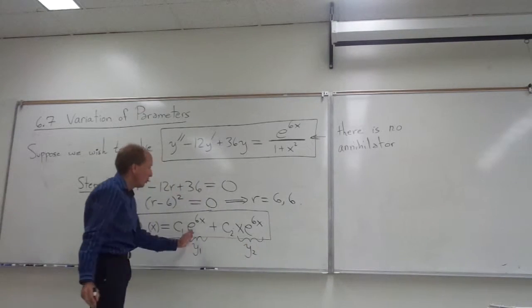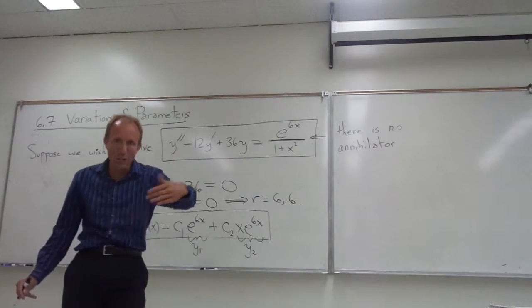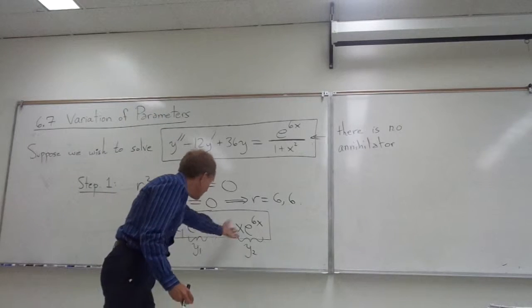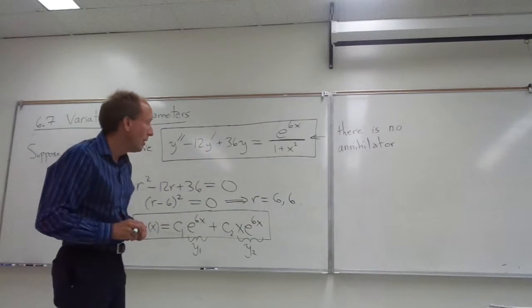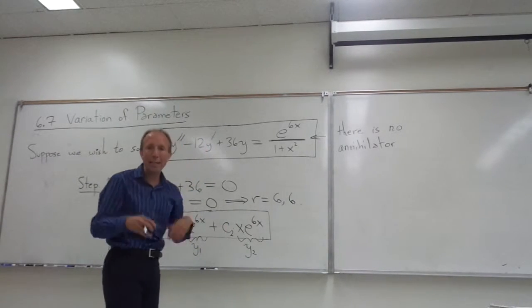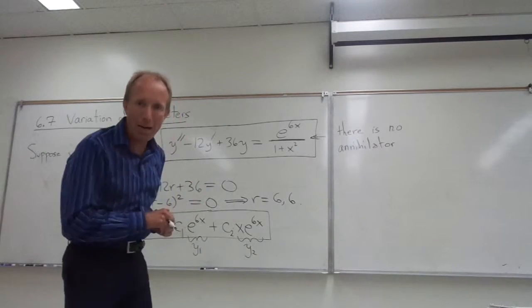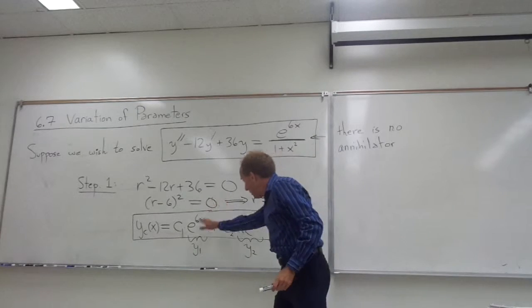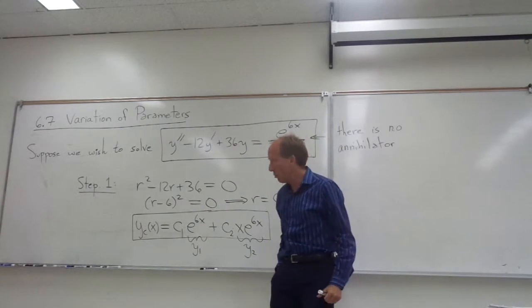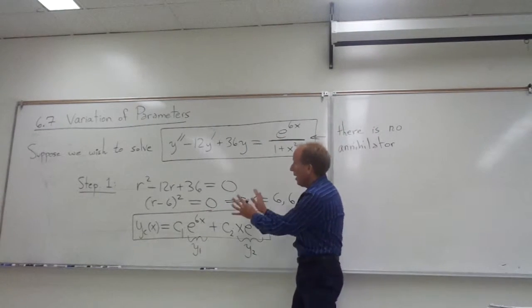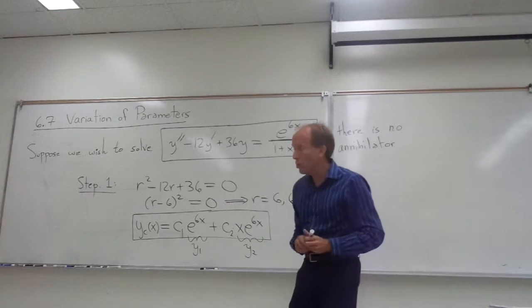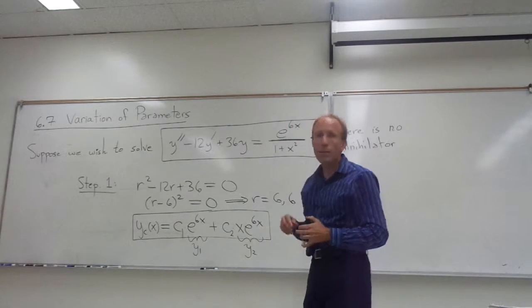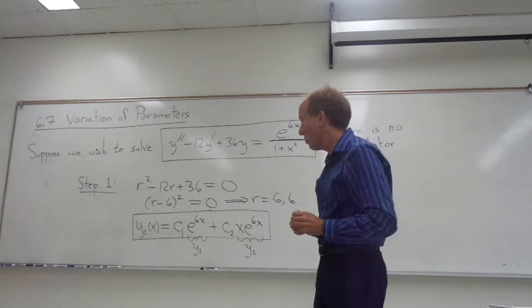Those are the two individual solutions that we are building this linear combination out of. The y1 and the y2 are going to get mentioned in the variation of parameters formula, so I thought it would be good to have those labeled before I go any further. So this part so far is nothing new. We're just doing step one of the process for solving these differential equations.